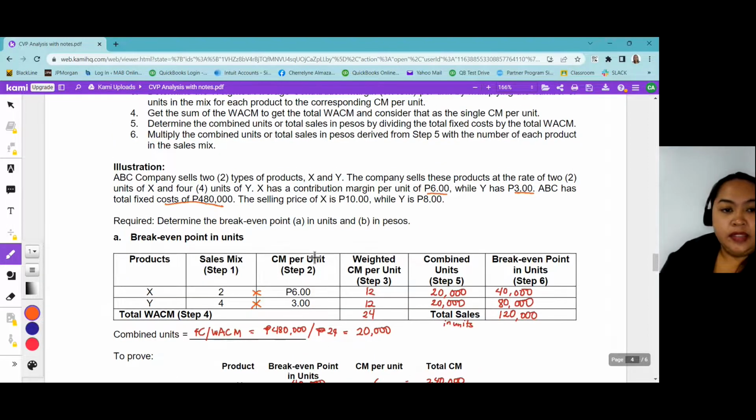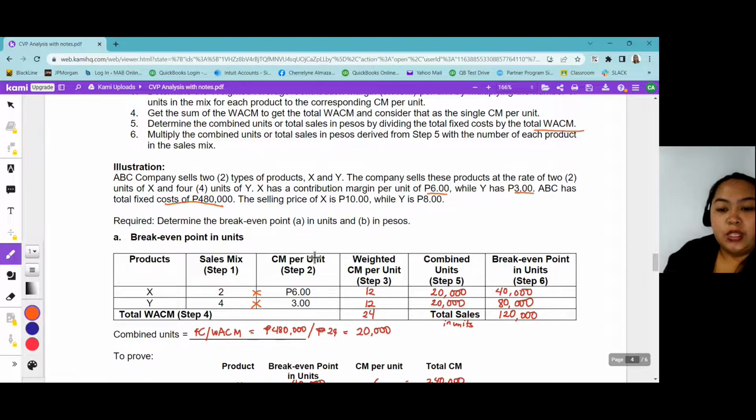Okay? And then, you determine the combined units or total sales in pesos by dividing the fixed cost by the total weighted average contribution margin. So, magkano yung fixed cost natin? We have 480,000 divided by 24 pesos, yung combined natin is 20,000 pesos. Okay?